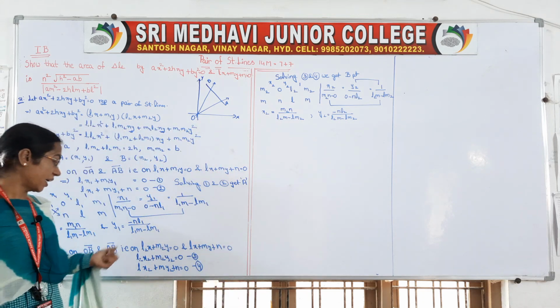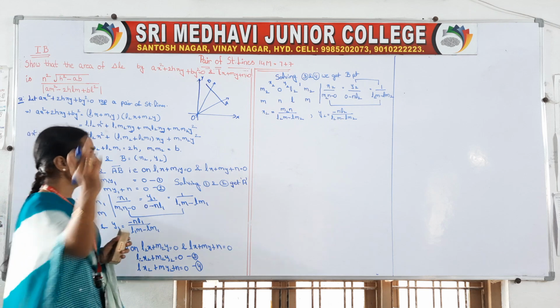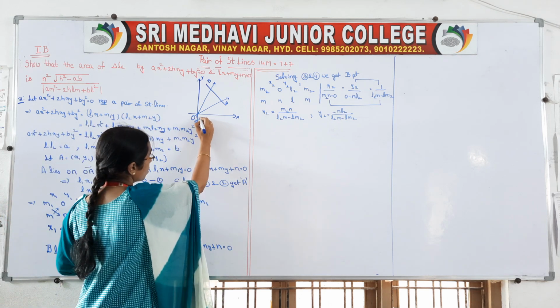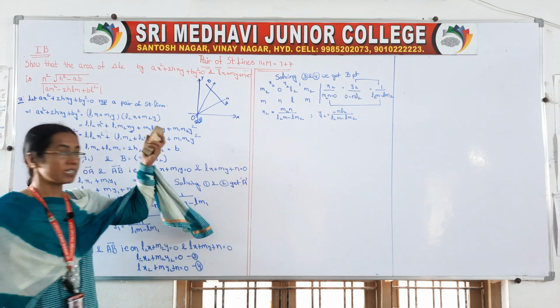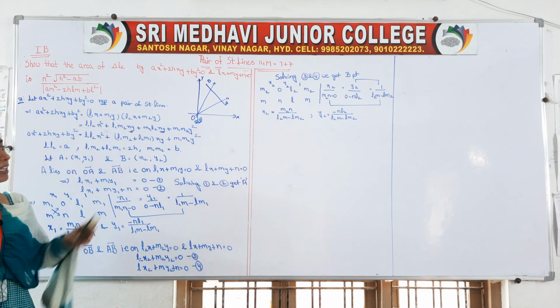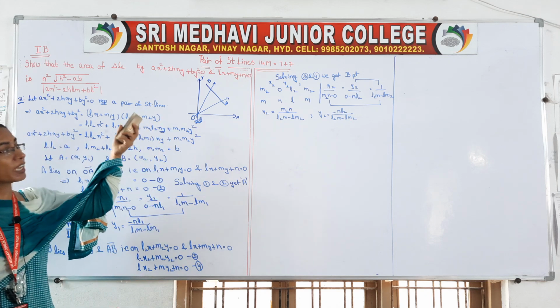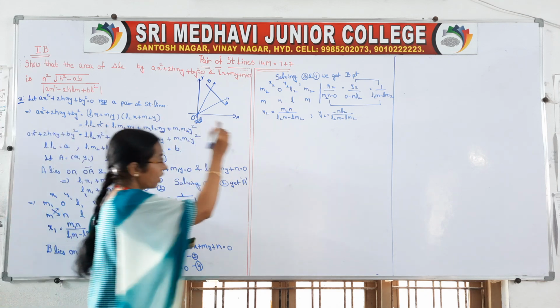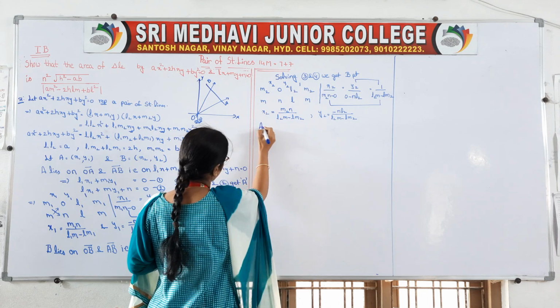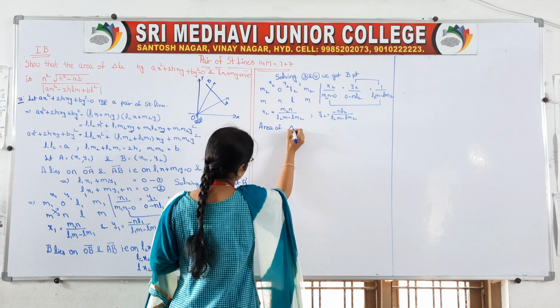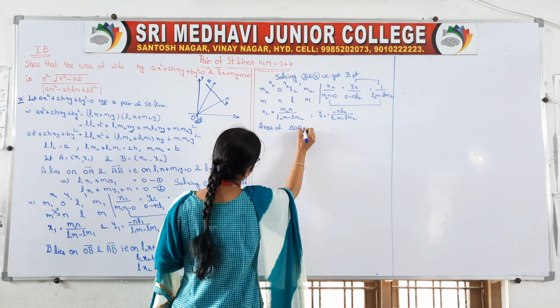Okay, we got A, we got B, and you know another point is origin, isn't it? It is 0, 0. In this triangle, 3 vertices are there. One is origin, one is A, one is B. So we got our A and B. Now you find out area of this triangle. So area of triangle OAB.